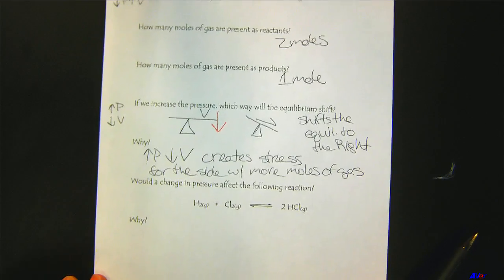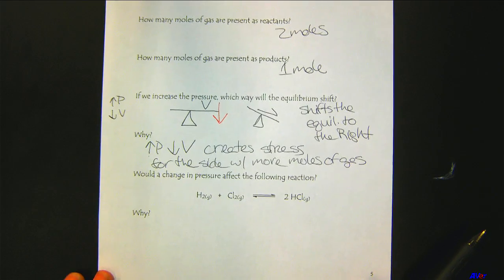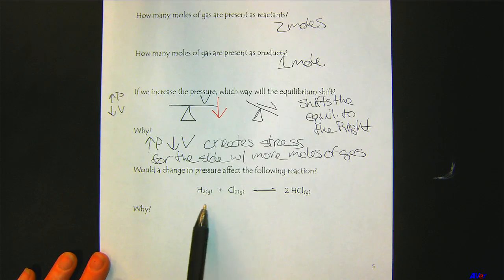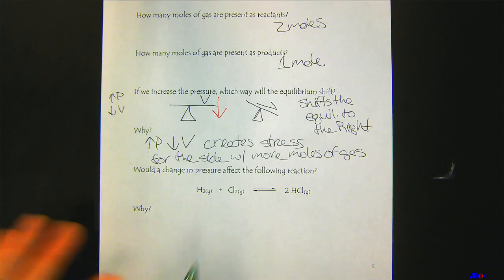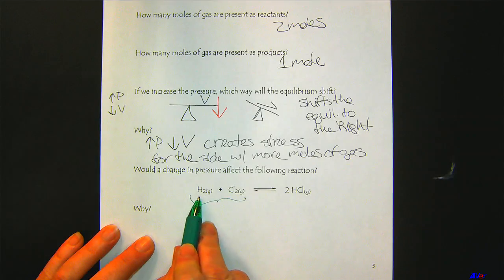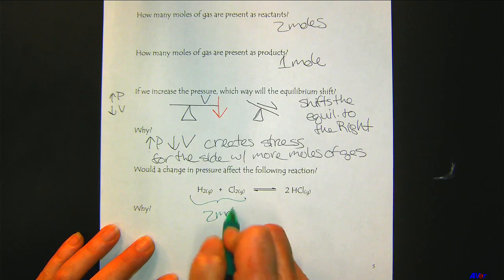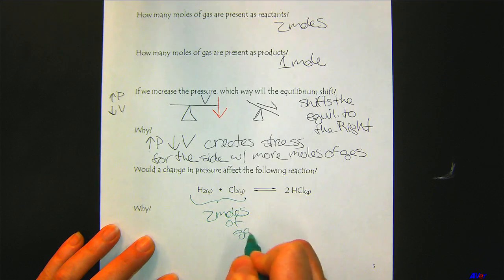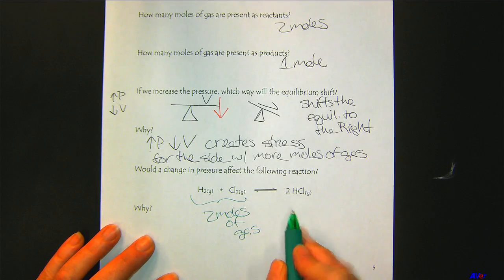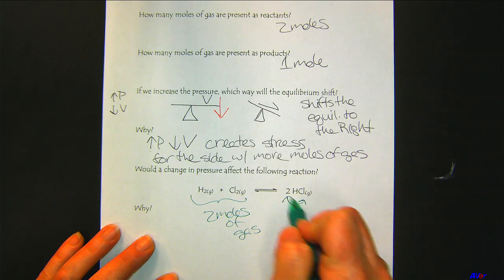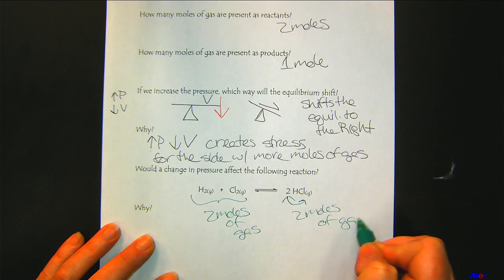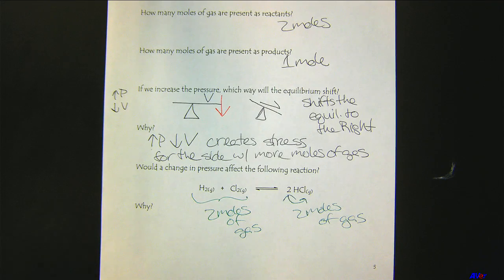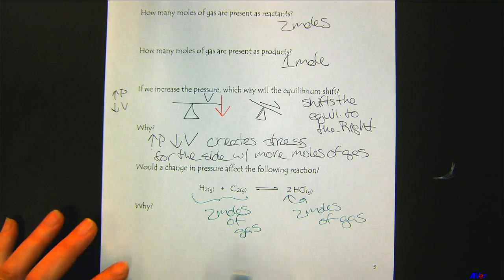Okay, let's look at another reaction. What would happen if we change the pressure of this reaction? Would there be any effect? Let's look. We have 1 mole and 1 mole, so we would have 2 moles of gas on the reactant side. And with our coefficients here, we have 2 moles of gas on the product side.